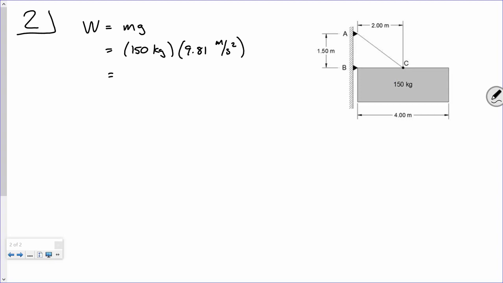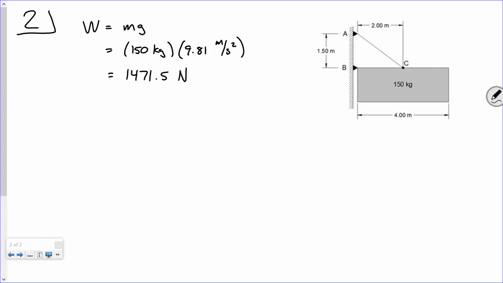And what is that? 1,471.5 newtons. Okay. Now, while this doesn't look much like it, you can kind of treat this problem a lot like a truss analysis. Now, what I mean by that is this.